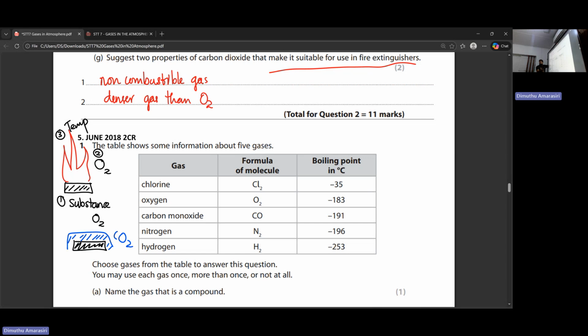Because it is denser: 44 relative molecular mass, compared to 32 for oxygen. Therefore, it covers the object so that the substance is not in contact with oxygen. That's how it protects things from burning. This is called the fire triangle. You need these three for the fire to exist: substance, oxygen, and temperature.